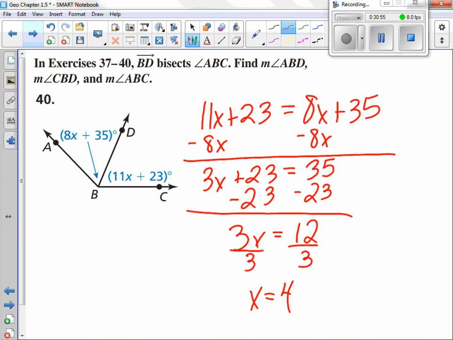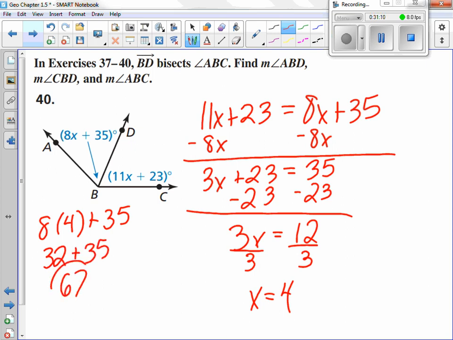Now, do I have to plug it back into both of them to find the angles? Eight times 4 is, the measure of this one is 67 degrees, and the measure of this one is 67 degrees. Yes?